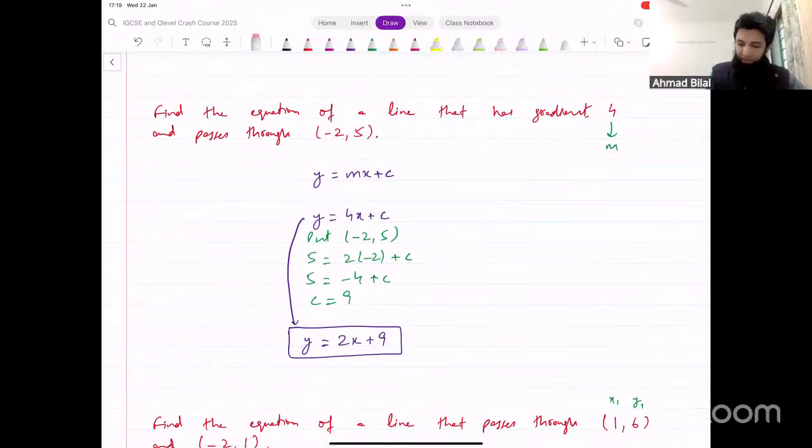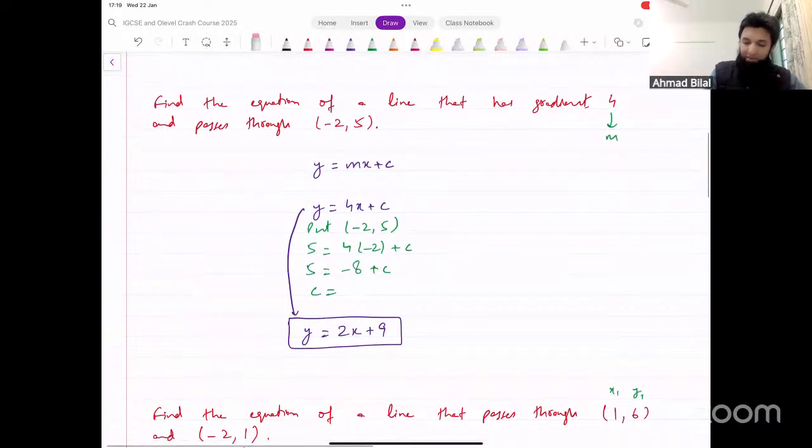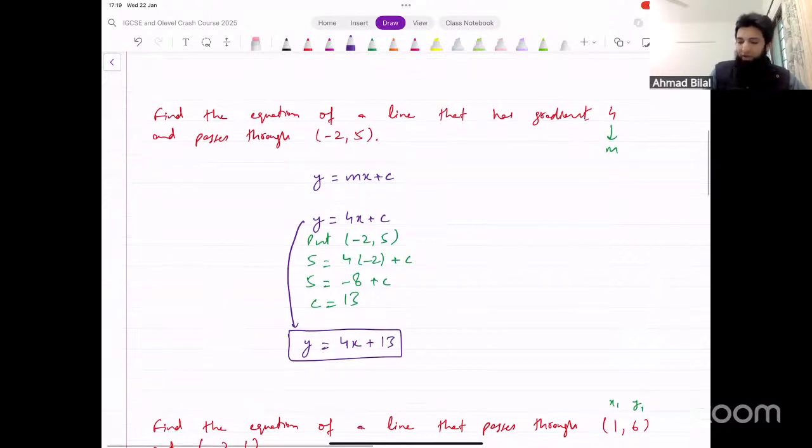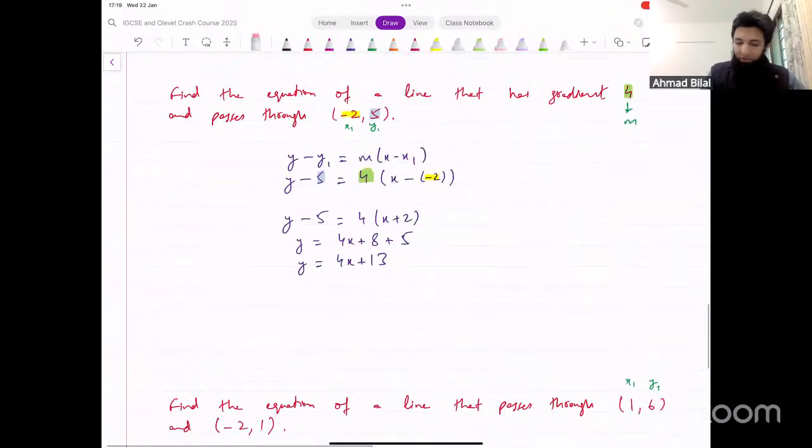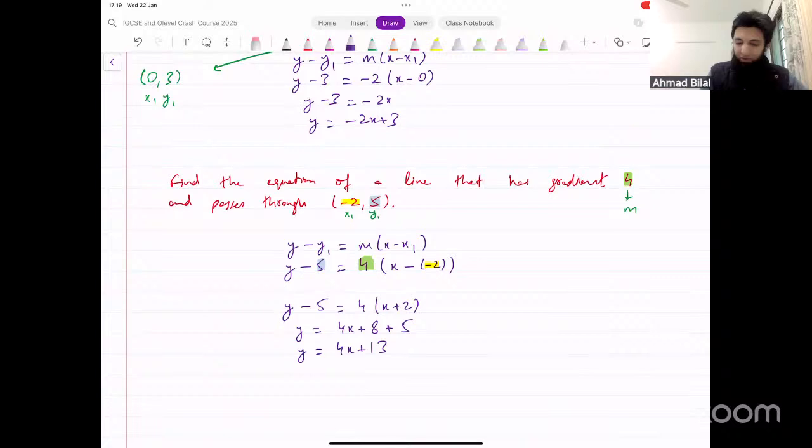And then this would actually become 4 times -2, which is -8, and c would have been 13 here. And the final equation would have been 4x plus 13. When I copied 4 from here, I by mistake wrote 2 there. So that was 4x plus 13. And using this other form as well, we are getting 4x plus 13.